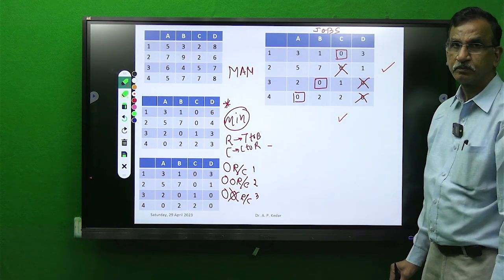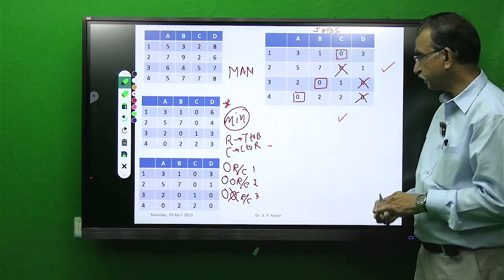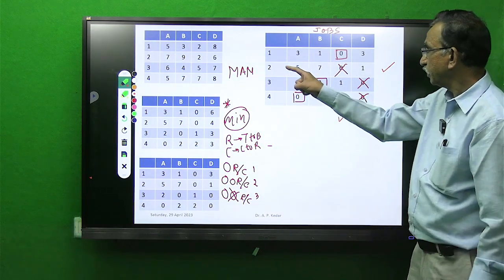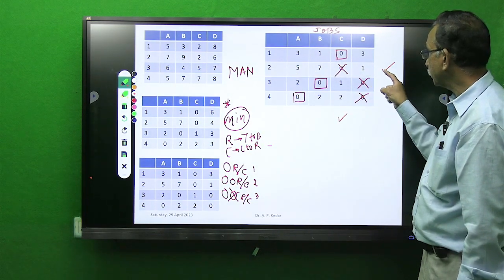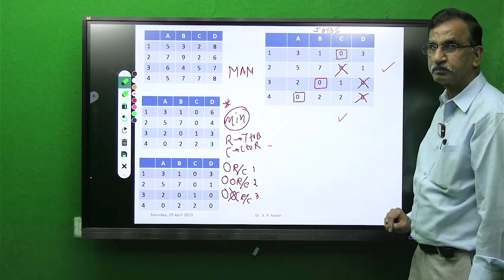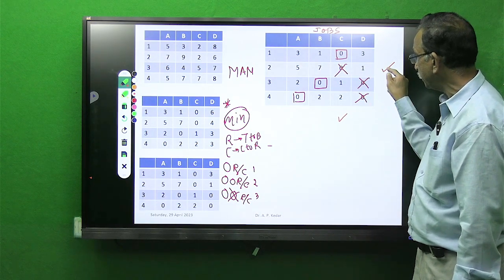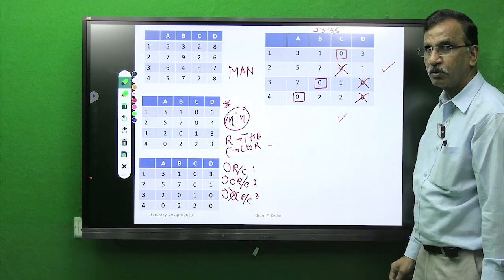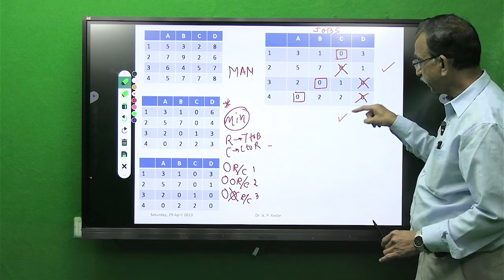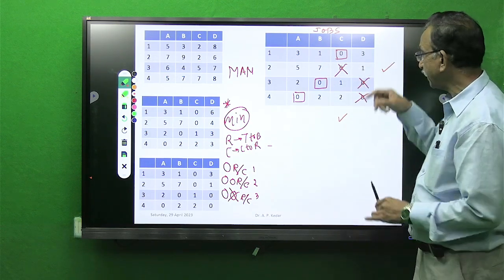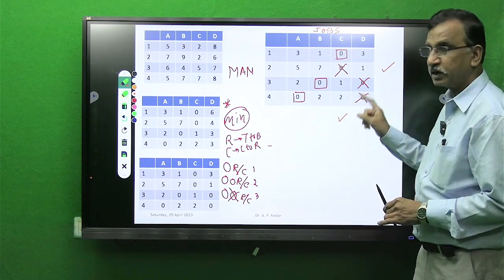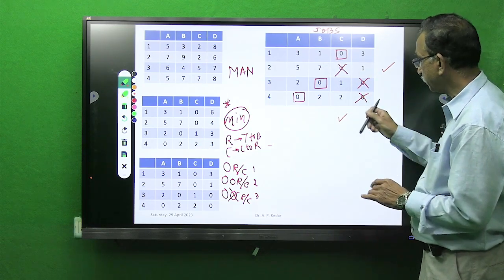Second step. First step, again I will repeat. I have tick marked the row which is not assigned. Then I have tick marked the column having 0 in the tick marked row. Then again tick mark the row having assignment in the tick marked column.